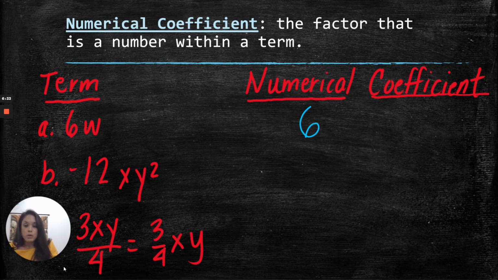The numerical coefficient would be negative 12. In example C, we have 3 times x times y over 4, which we can separate these variables and multiply it off to the side, which gives you the same answer. So to separate this, we would get our number value of 3/4.